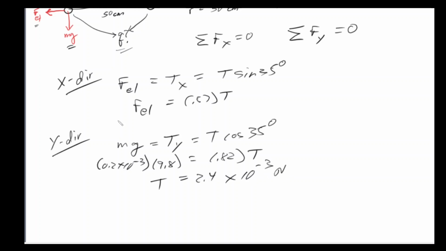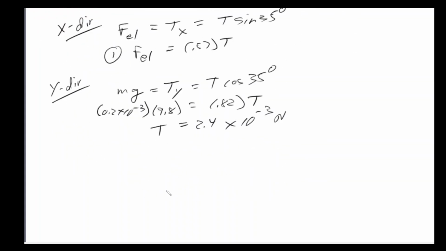Now, if we call this equation 1, we can put the value for T into equation 1, and we get that the electrostatic force is therefore equal to 0.57 times T, which is equal to 0.57 times 2.4 times 10 to the minus 3 newtons.